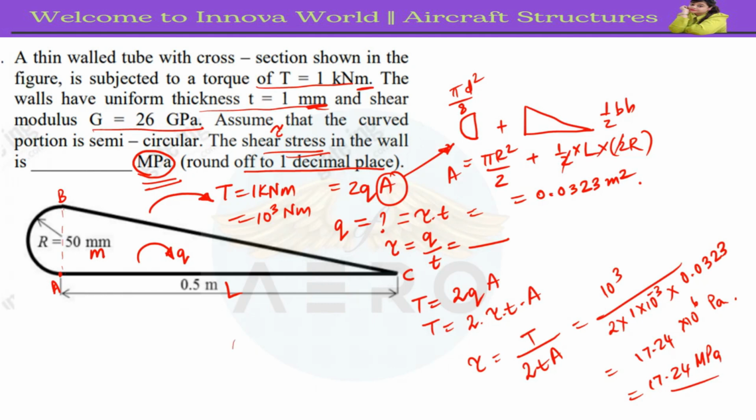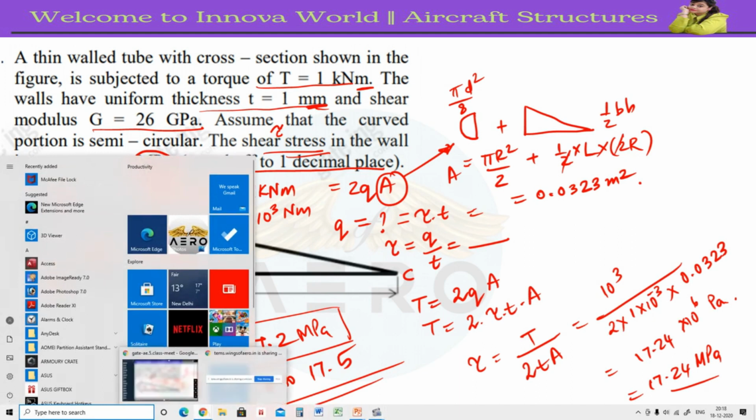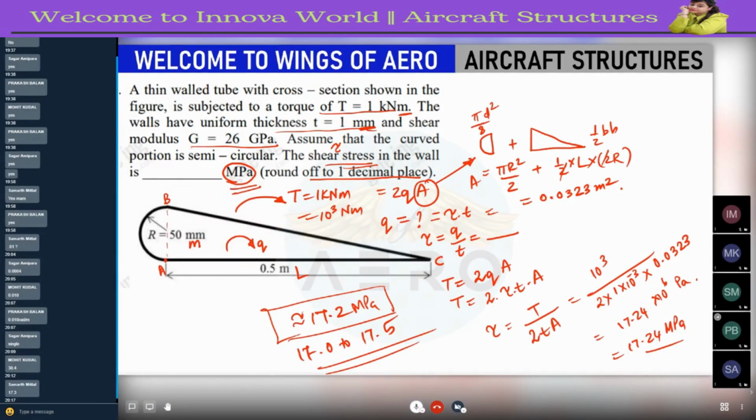So you can write the answer 17.2 megapascal, and the answer range given is from 17.0 to 17.5. That is the answer they have given. Absolutely. Okay.